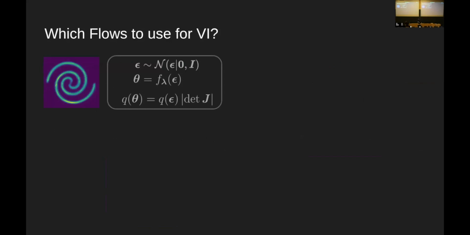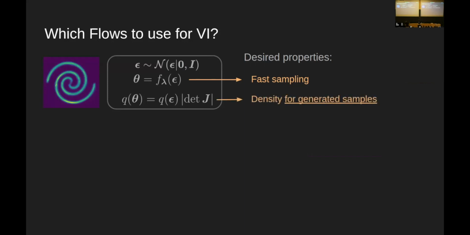So what kind of flows do we want to use in this case? The desired properties are that we want to be able to sample fast, the forward direction from epsilon to theta. And we also want to be able to compute density. However, we don't have to compute the density for novel samples. I will never give you a sample and ask for the density.